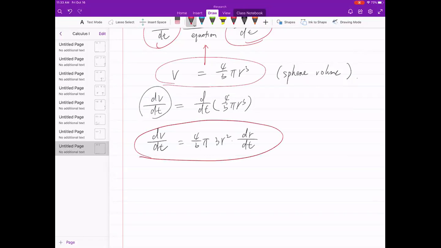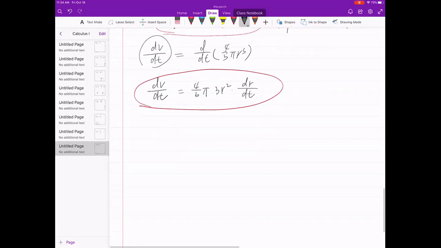What technique did you use? Implicit differentiation, nothing more. No additional information. Sounds good? Do you have an equation between the rates now, dV over dt and dr over dt? The answer is yes. Now to solve it, I just need to put everything in order. What do you need? You need dV over dt, which is negative 40. For 4/3 pi times 3, you need r squared.